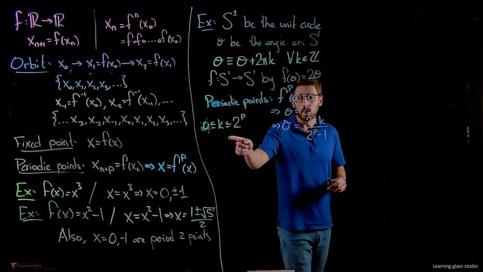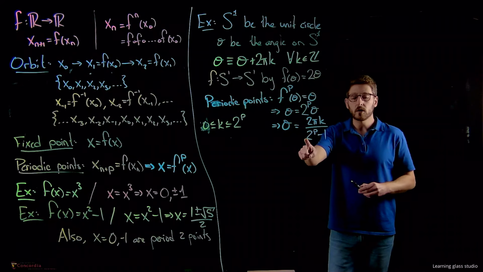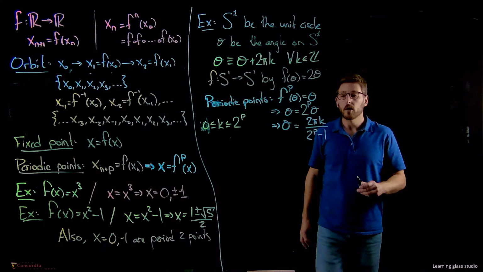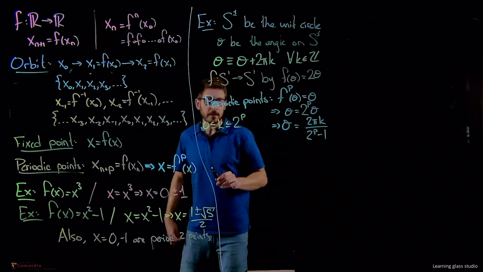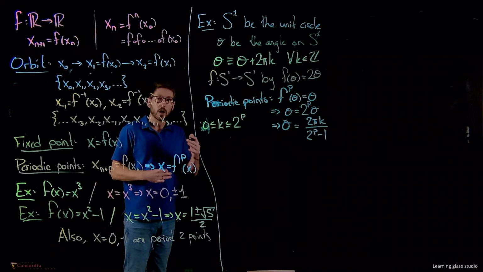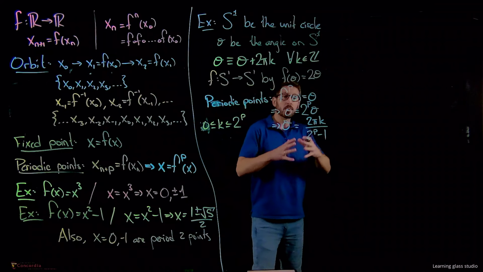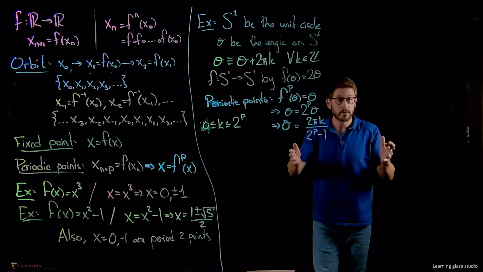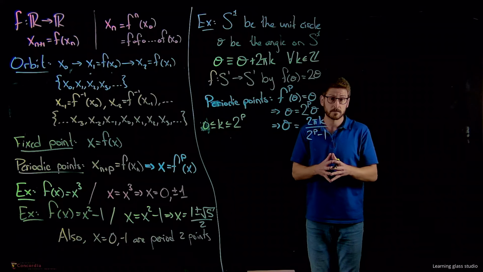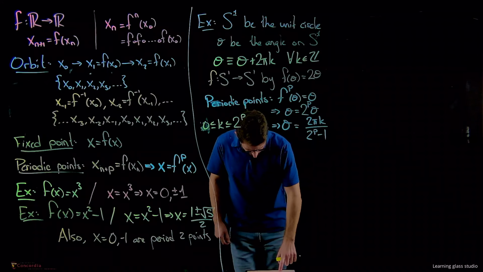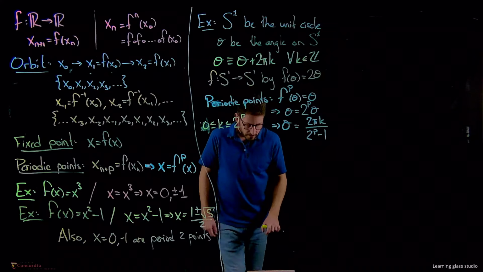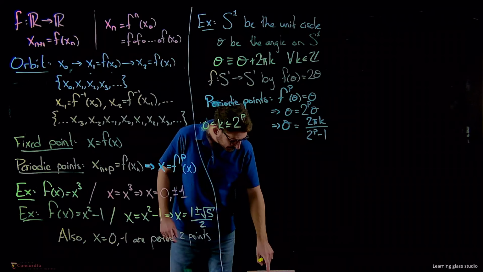These are equidistributed over the unit circle, but only a few of them actually repeat after exactly p. As we go up with periods, you get more and more periodic points, but a lot of them have smaller prime periods. Now, these are roots of unity.